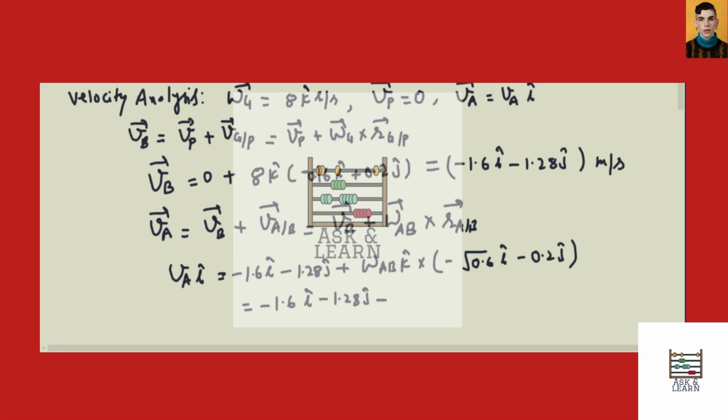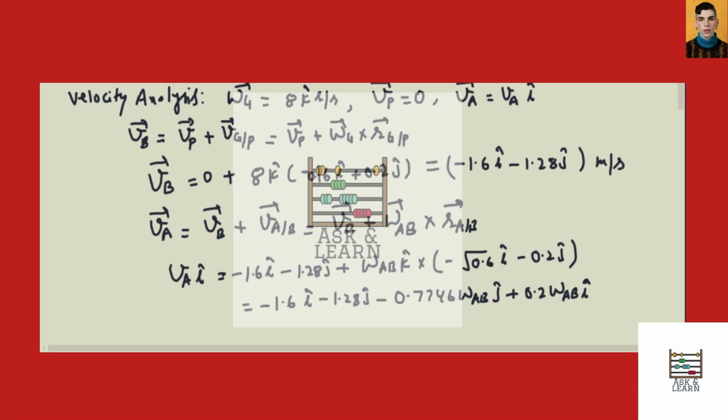Minus 0.7746 omega AV j cap plus 0.2 omega AV i cap.